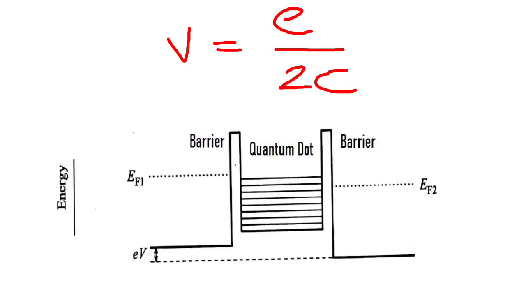Please note it. The potential energy of the quantum dot is Q square by 2C, and you need to apply a voltage of at least e by 2C for the tunneling effect.